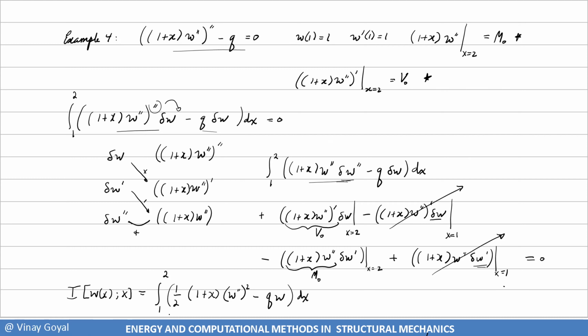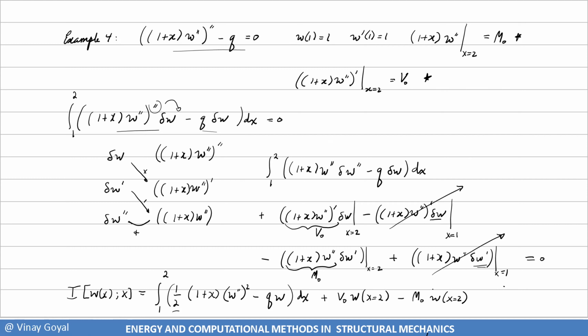And adding a 1 half on anything that has W here and on the right hand side on the del W. So that's how you're doing it, and plus V naught del W at x equals 2. And again, that's going to be W now. So anytime you see del W, make it a W. And so that's the functional for this problem.